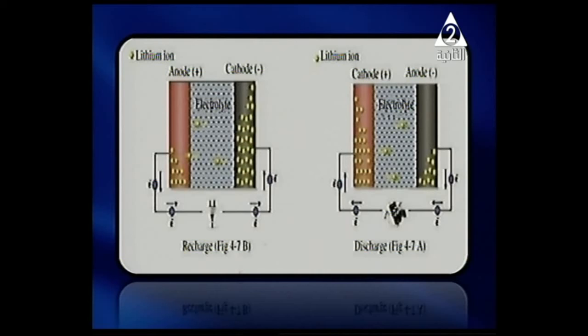We have the first one, discharge. Discharge means the electrons move from the negative anode to the positive cathode through the wire, to operate mobiles or laptops or anything. On the other side, at the left hand side, we have the recharge figure, which represents the recharging between the cathode and anode.